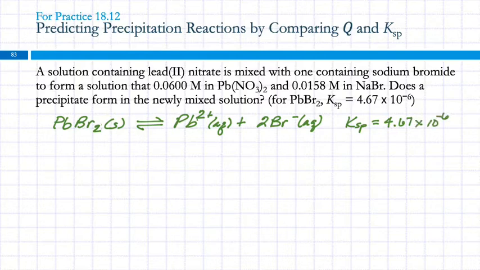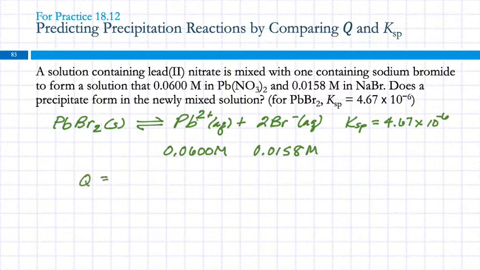So to calculate Q, we're going to look at the concentrations that are currently there. So the concentration of lead nitrate is 0.06 molar, and the concentration of bromide is 0.0158 molar.